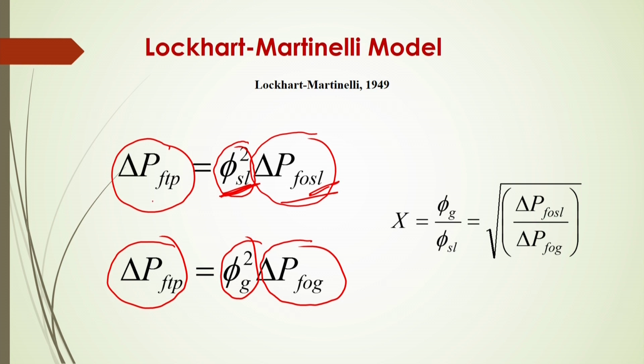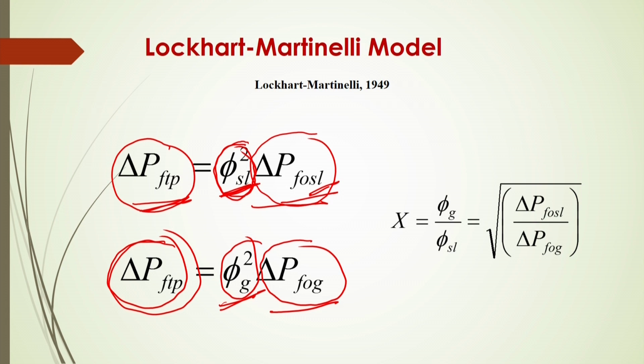So, this delta P FTP based on the single phase of slurry, if you multiply it by phi SL square, you will get the 3-phase pressure drop. Even if you multiply phi G square, the multiplication factor of the gas phase, to the single phase pressure drop of gas, you can get the total frictional pressure drop inside the bed.